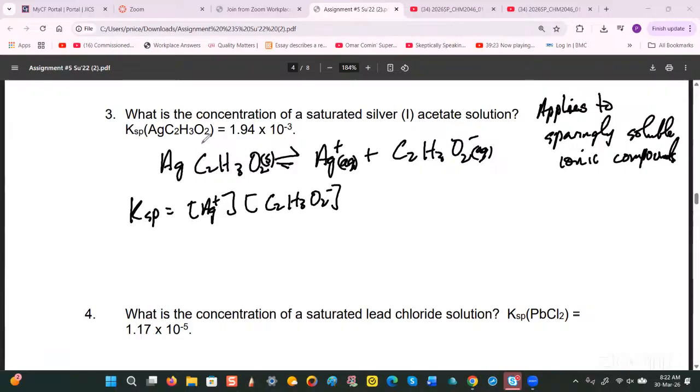So because this is a solid, it does not appear in the equation. I remember talking about this earlier when we were talking about equilibrium. I remember saying that solids and liquids do not appear in any equilibrium expression, right? The only terms that will exist in an equilibrium expression would be aqueous solutions and gases, all right?